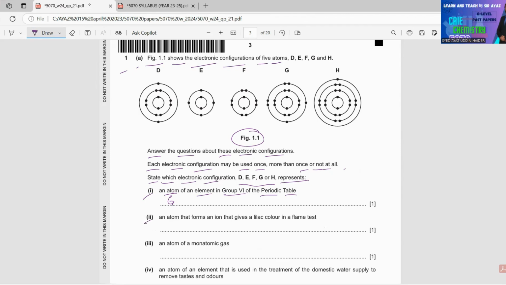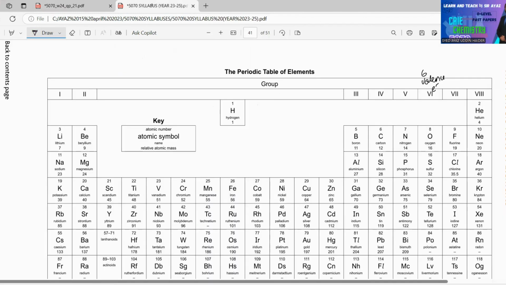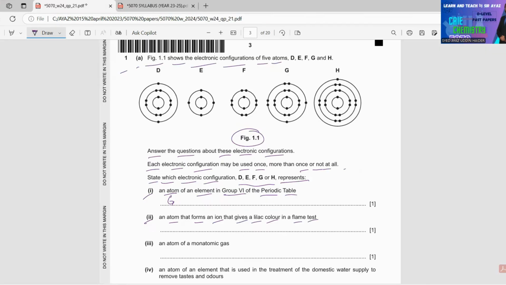Number 2, an atom that forms an ion that gives a lilac color in a flame test. You see potassium, it's in group 1. It forms a lilac color in flame test, and the electronic configuration is 19, and it must be having 1 valence electron. But you have to count all the electrons.